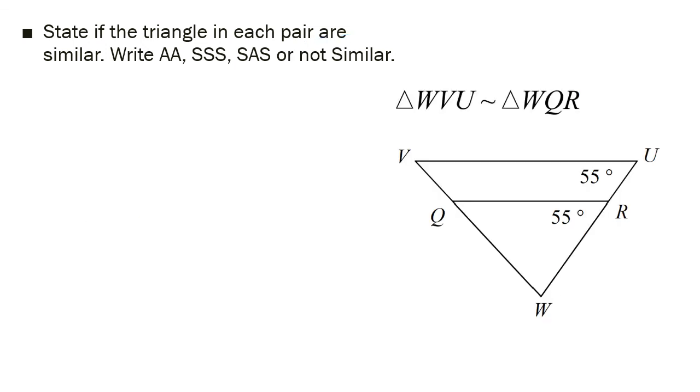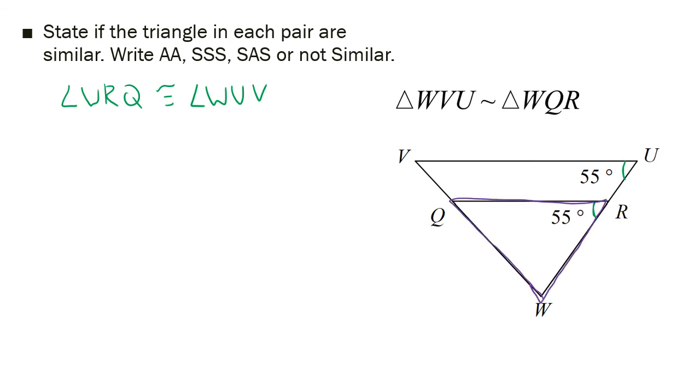Okay, for these two triangles, we can see that angle here and here, which would be angle WRQ, is congruent to angle WUV. When you're looking at the triangle, there's actually two of them.